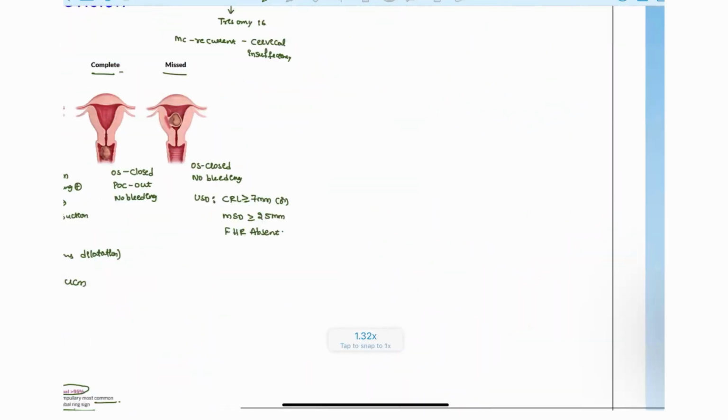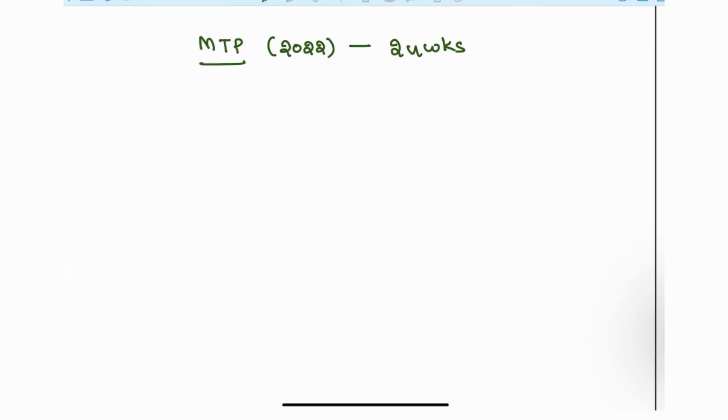For the MTP, the most important thing to understand is the guidelines as per India. Let's see the importance of the MTP according to the new 2022 guidelines. In this amendment, they included that MTP can be done up to 24 weeks, but rules apply.